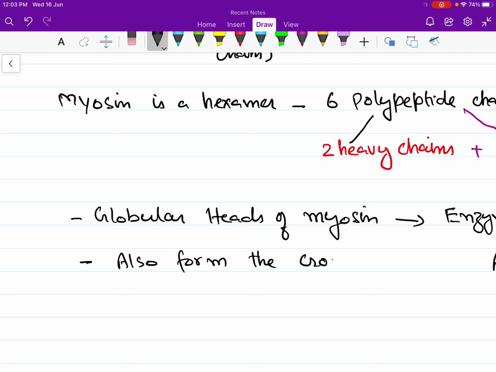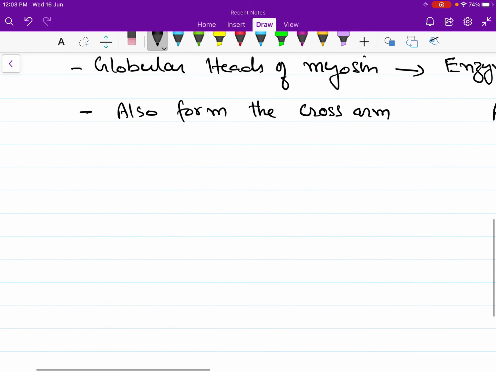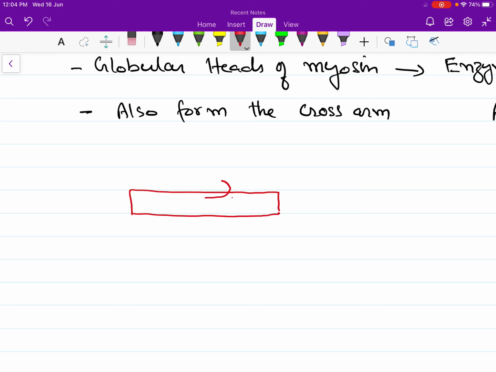Now a thick filament is formed of several such myosin proteins. Several myosin proteins will bind together and form the thick filament. From the thick filament, these cross arms will emerge from the surface just like this. So these are the cross arms or the myosin heads that are emerging from the surface of the thick filament.